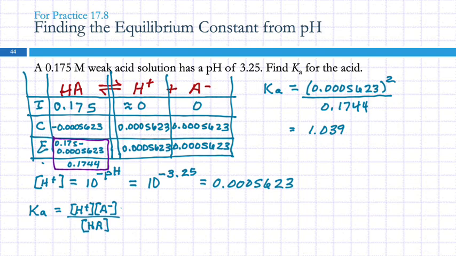I'm going to stick that one in there because I don't want to roll up all the rounding. Times 10 to the minus 5. Were you able to get that on your calculator? So that would be 1.04 times 10 to the minus 5.